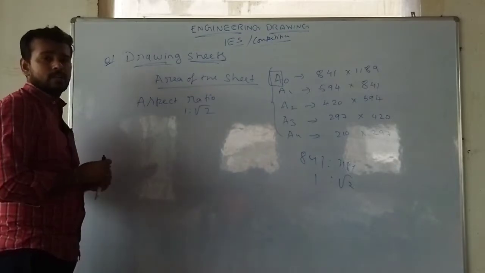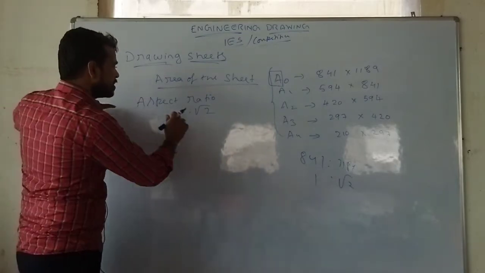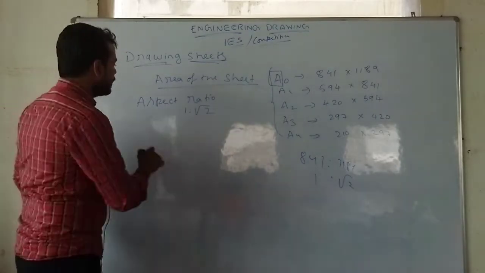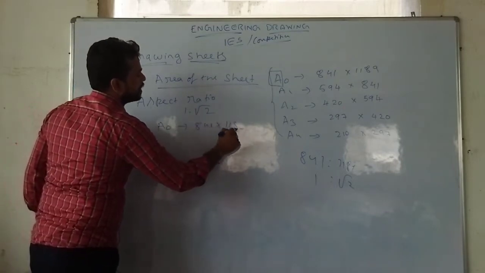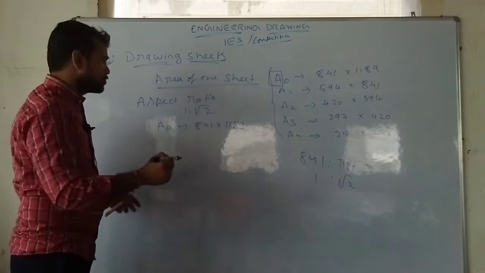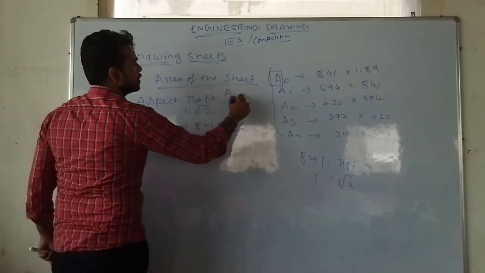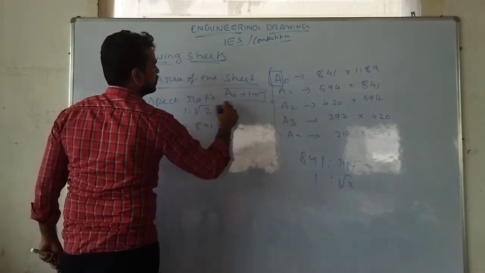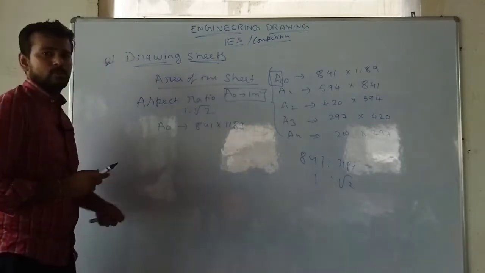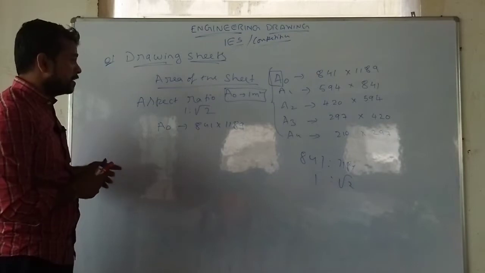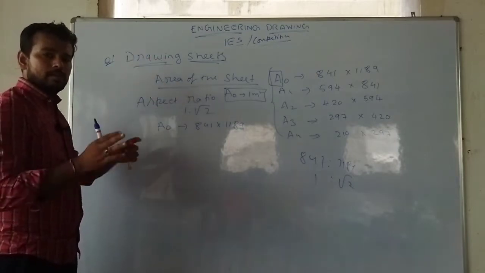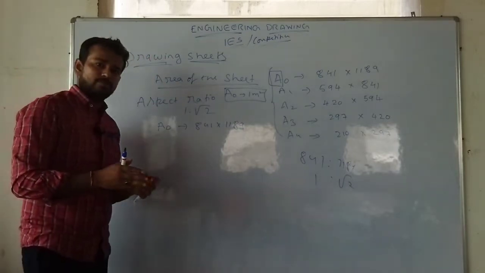Then, sir, if this is the aspect ratio, how is A0 discovered as 841 multiplied by 1189? As I said, A0 is according to 1 square meter. Last class I discussed this: the A0 sheet is 1 square meter, and A0 is useful for planning purposes.